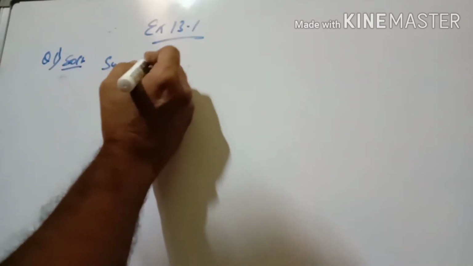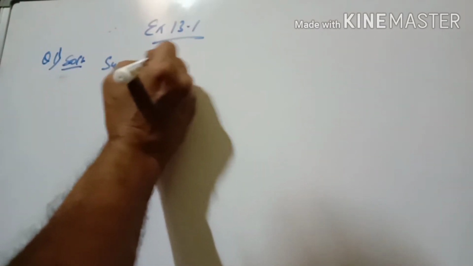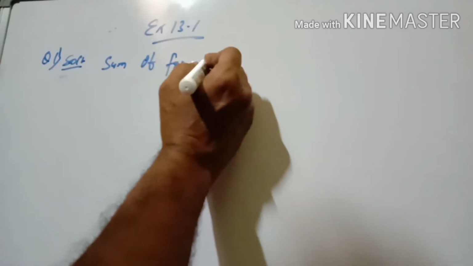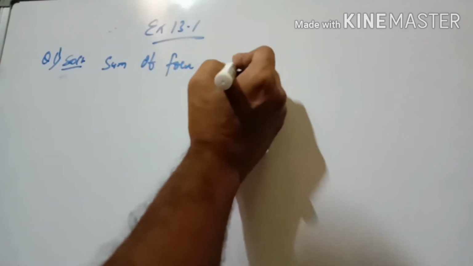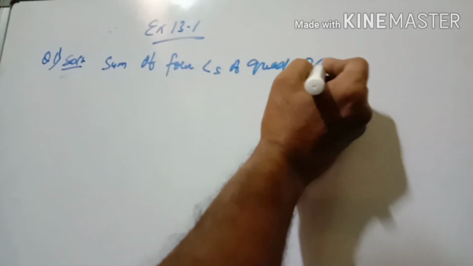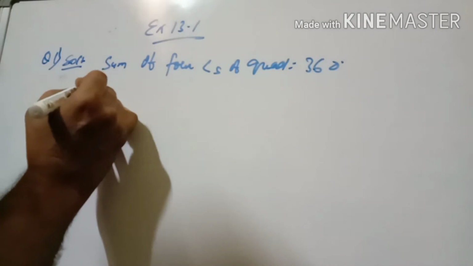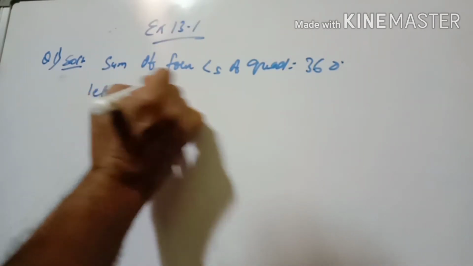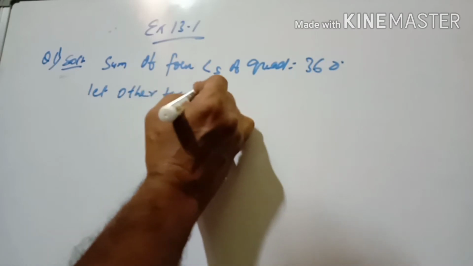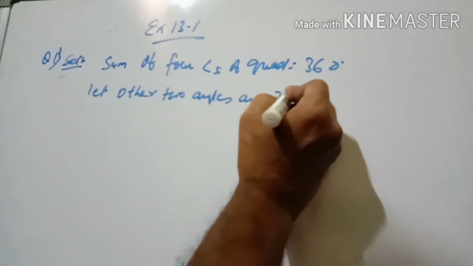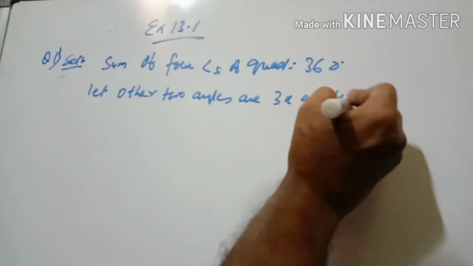Sum of 4 angles of a quadrilateral equals 360 degrees. Let the other two angles be 3x and 4x.